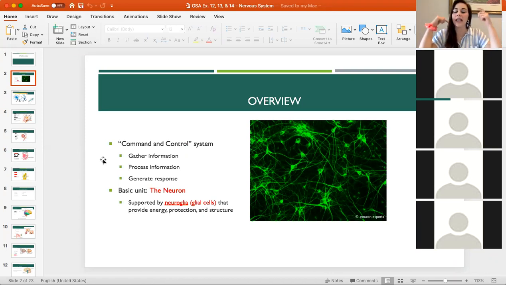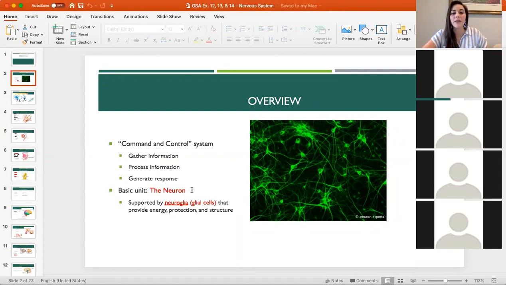We process that in our brain, and then our brain's going to generate some type of response to that. A lot of times it's so subconscious that we may not even know that it's going on. And this is going to include things happening in the body. Our body is constantly gathering information on what's going on inside and then generating responses to that as well.